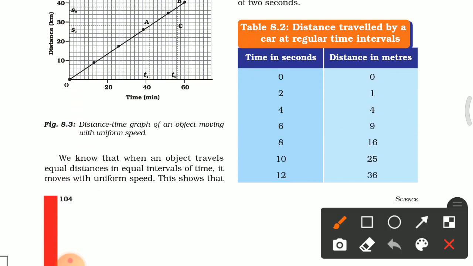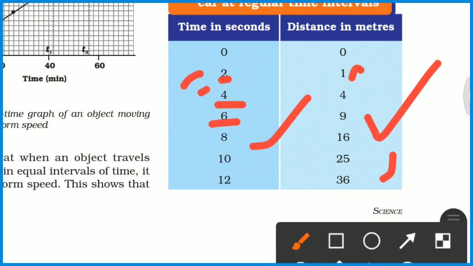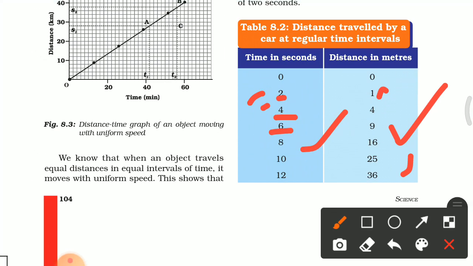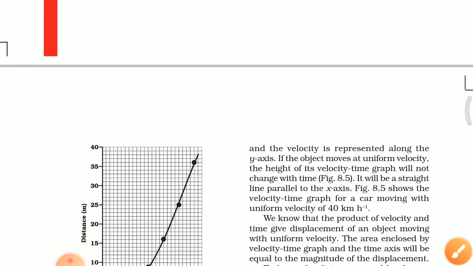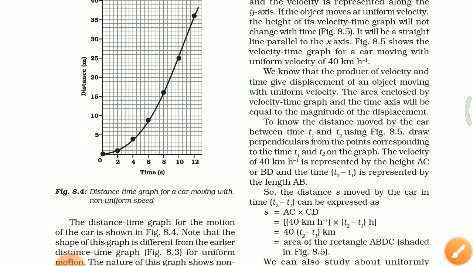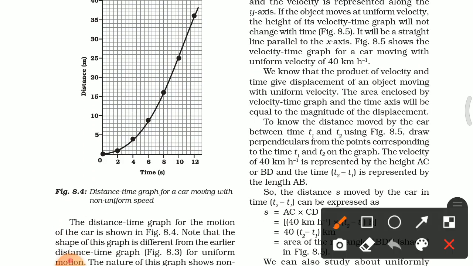And this is a tabular column for non-uniform speed. See here, the time interval is 2 seconds, 2 seconds and 2 seconds, but it covers unequal distances. So this is a distance-time graph for non-uniform speed.